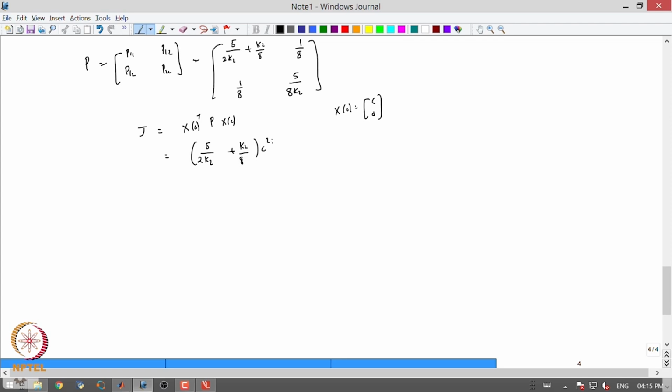To minimize J, I do the following: dJ by dk 2 equal to 0, resulting in k 2 being the square root of 20.